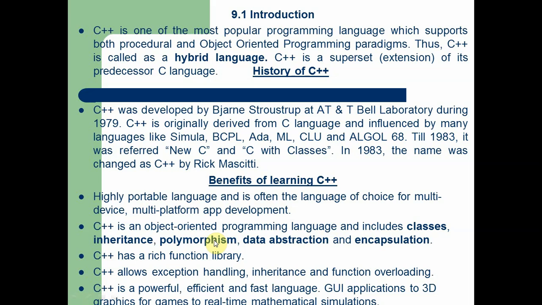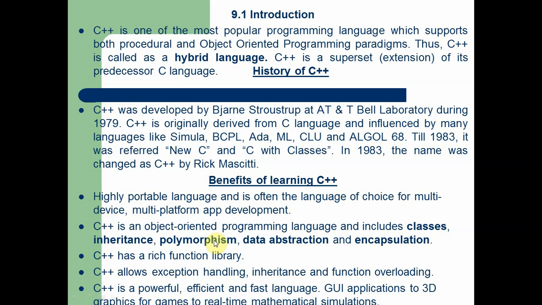These are the major features of any object-oriented language. C++ is not the only one. Languages like Java, VB, MySQL, Python all come under object-oriented languages. But the OOP concept was first introduced and popularized by C++.